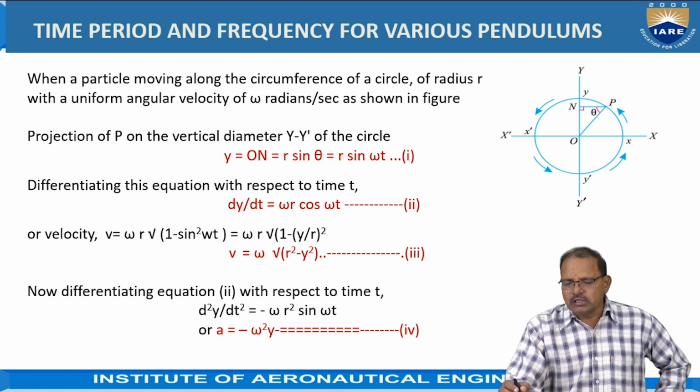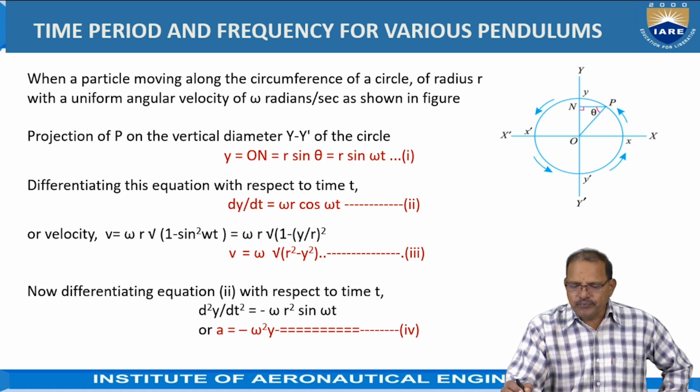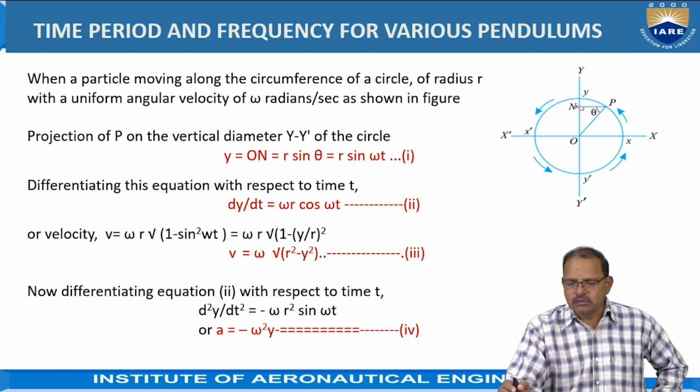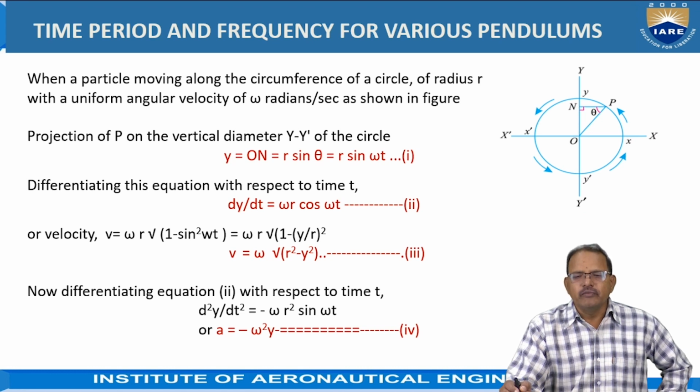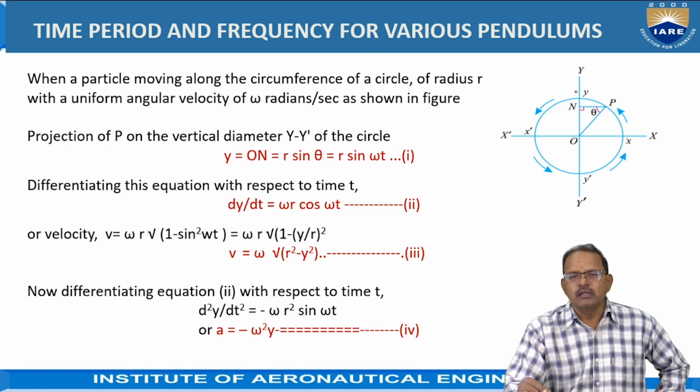It's a projection, that is the projection of point P on the vertical diameter Y Y dash is at N position. When the point P is moving along the circumference of the circle from X to Y, its projection on the vertical diameter also starts moving from O to Y position.